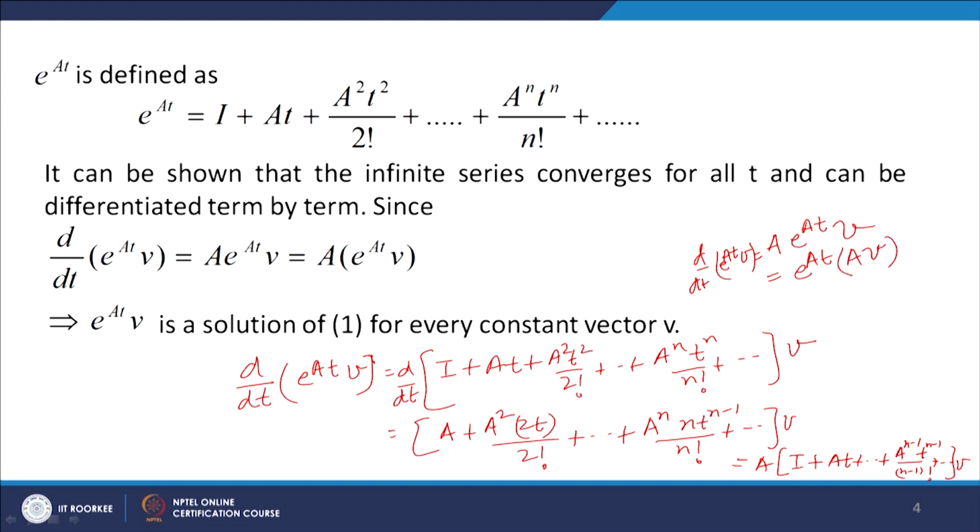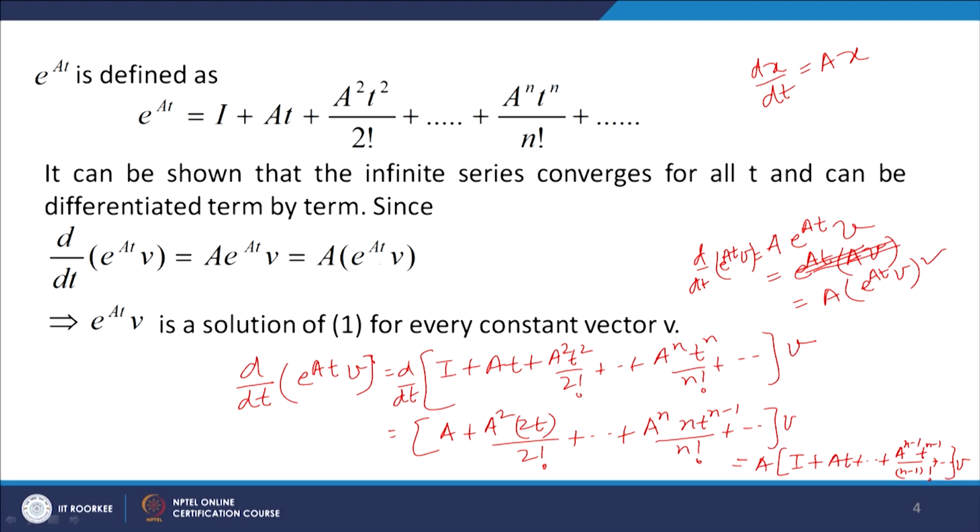What we have is d over dt of e to the power At into b is A into e to the power At into b, and therefore, our differential equation is dx by dt equal to Ax. So, in this, if we replace x by e to the power At into b, what we get is d over dt of e to the power At into b equal to A times e to the power At into b. That is what we get here.